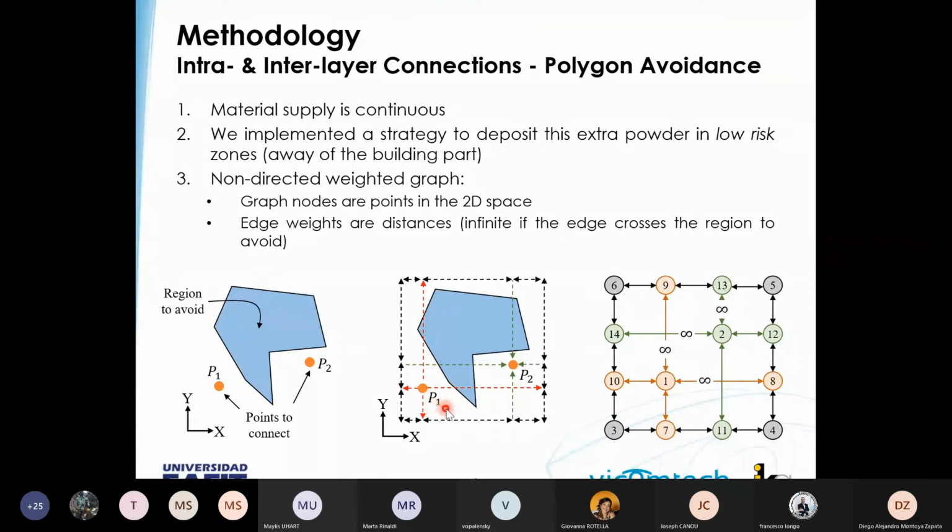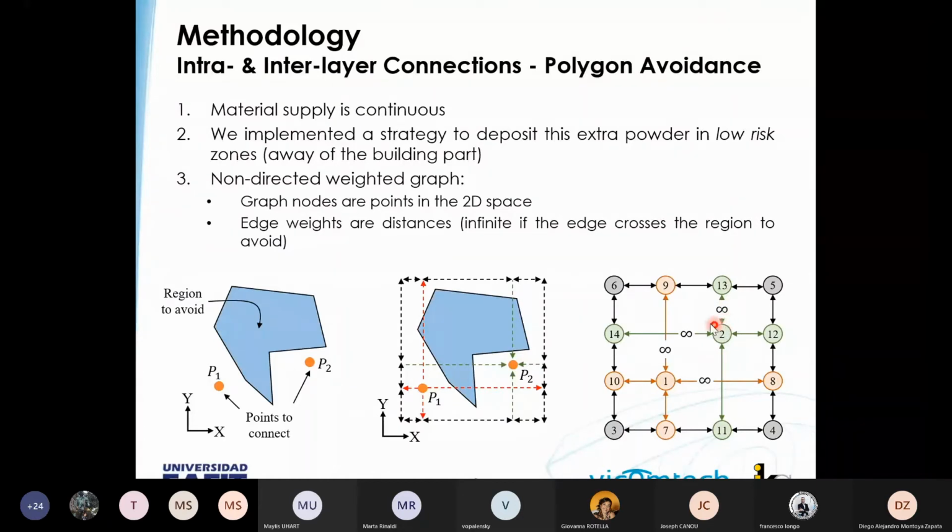What we need to generate our graph: first of all we have P1 and P2, so we have nodes 1 and 2 in the graph that correspond to these points. Then we have in red the connections between P1 and the bounding box, in red here in the graph and in red here in the geometric configuration. And we also have the nodes that connect P2 to the bounding box.